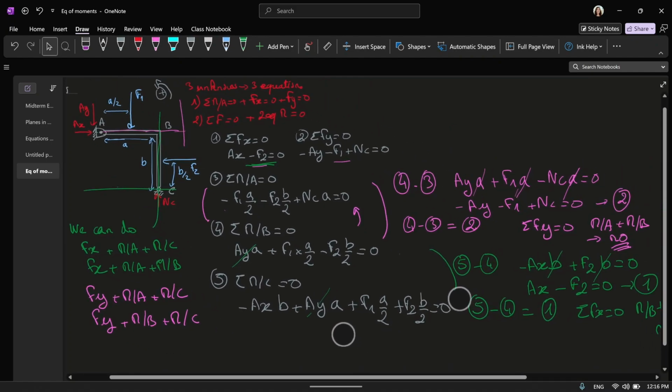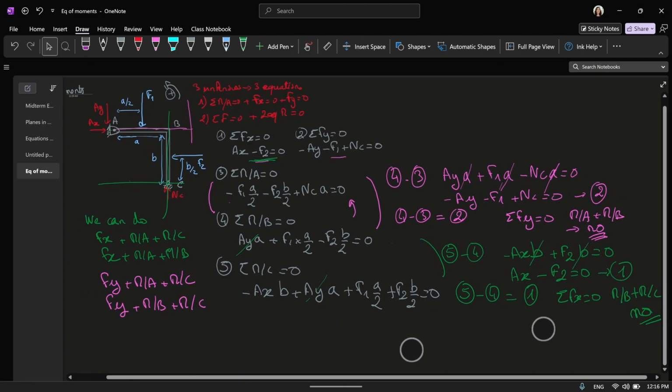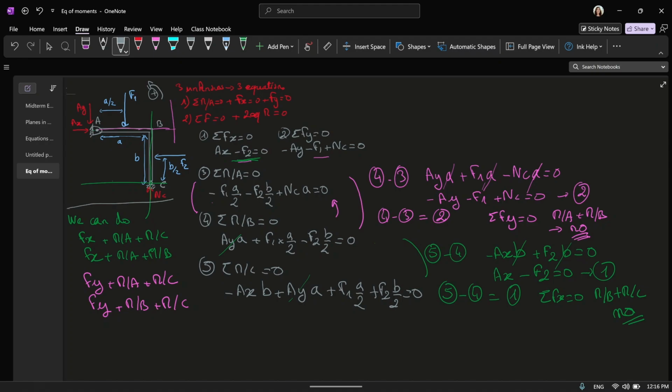Let me get that on just one big page. I know it's not always the same scale that I use, but let me get everything there. So this is the conclusion, and you get a little bit of an idea why we can't do that, because the equations are not independent.